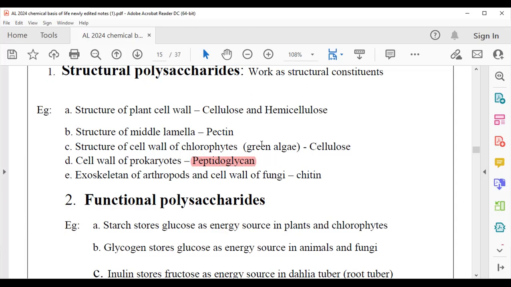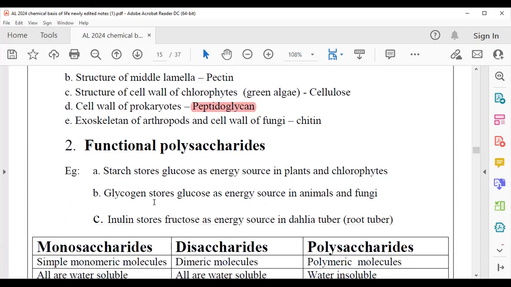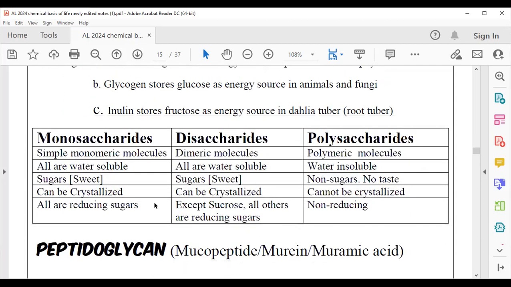What are the two? Glucosamine and peptidoglycan. Clear? And storage, that is already a known one.